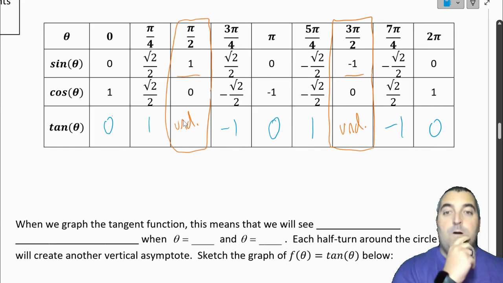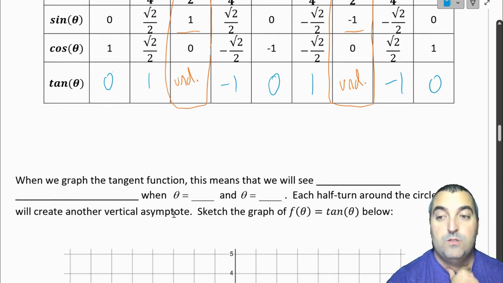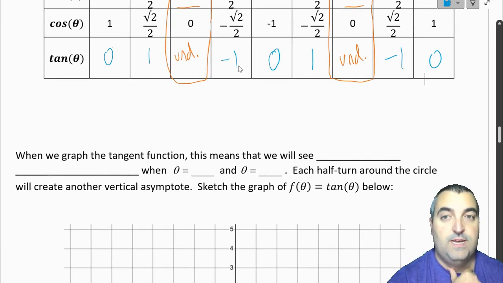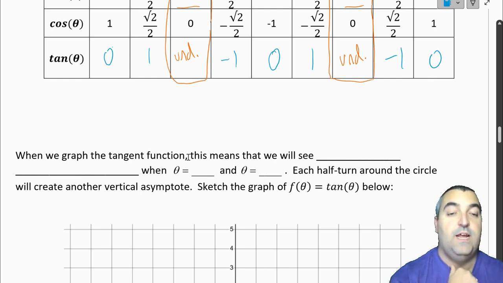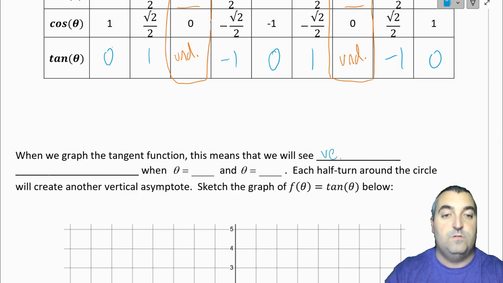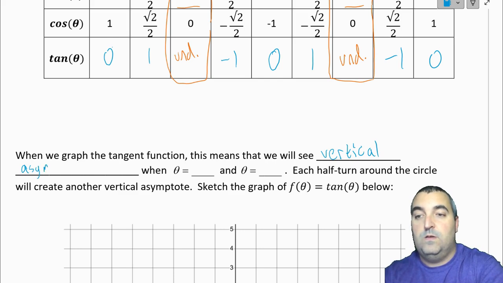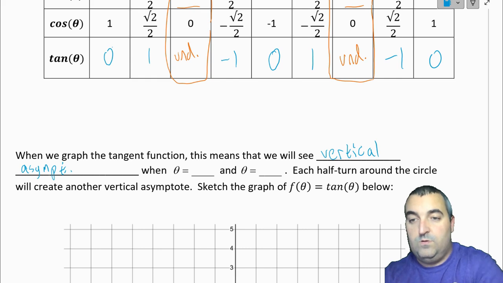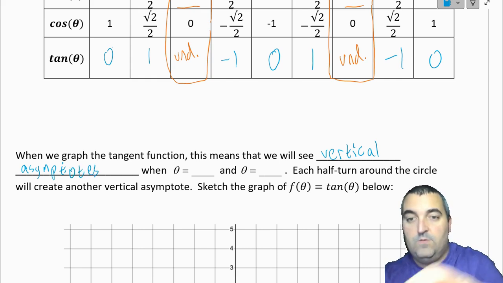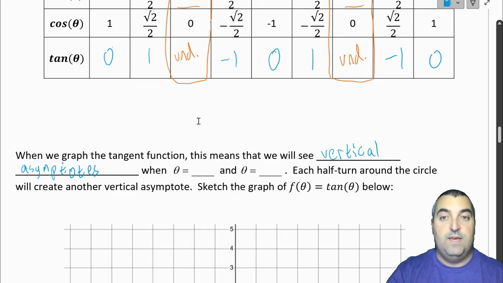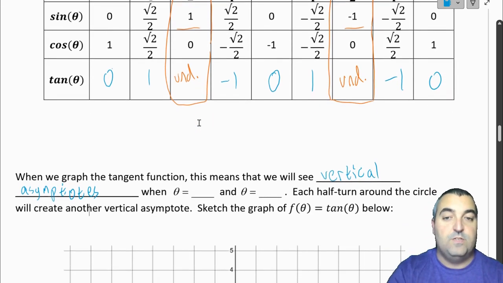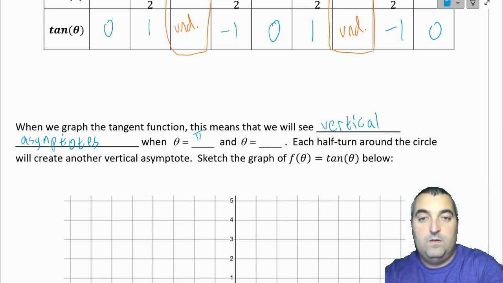Specifically, when it's undefined. Because we're talking about the tangent function and we're looking at where things are undefined, we're actually going to have vertical asymptotes when theta equals the two undefined values here, which are pi halves and 3 pi halves.